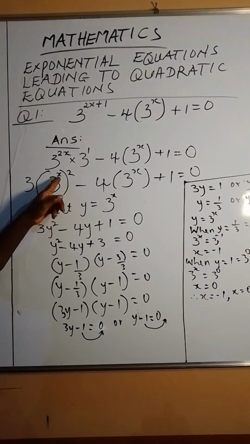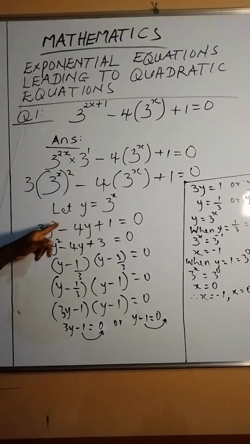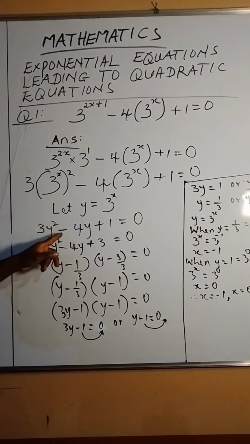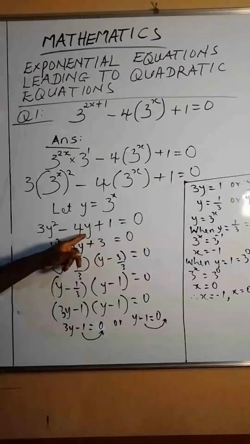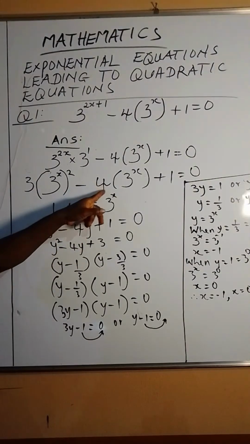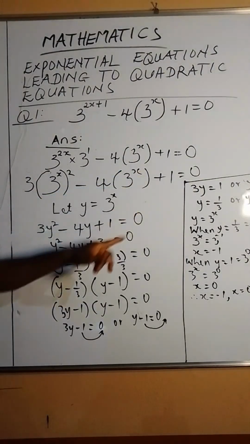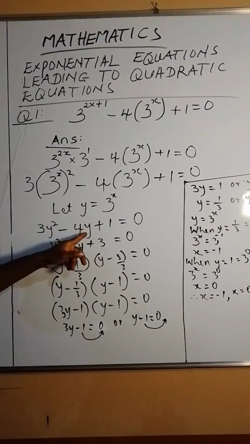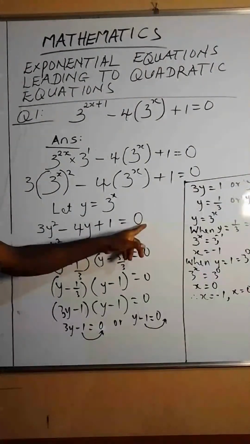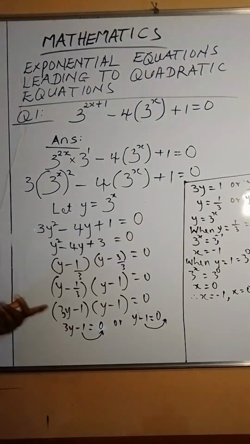But because 3 raised to x is raised to power 2, we raise y to the power of 2. Then this is 3, then minus 4y, where this is 4 and this is 3 raised to x, which is our y here. Then plus 1 equals 0. So that is what we have here.